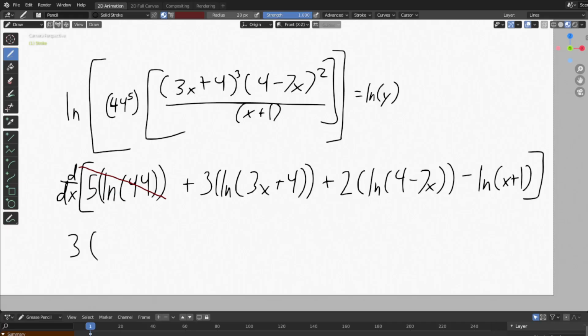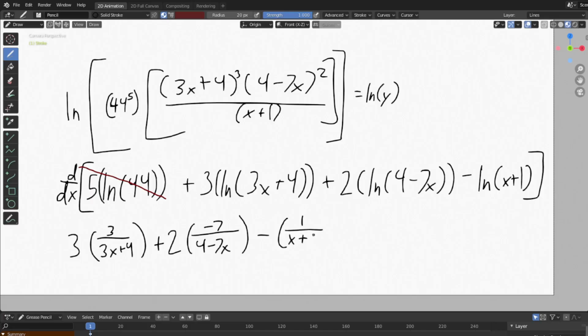This is 3 times 3 over 3x plus 4 using the chain rule, plus negative 14, or I should do it as 2 times negative 7 over 4 minus 7x. That's the other one. Minus is just 1 over x plus 1, thankfully.